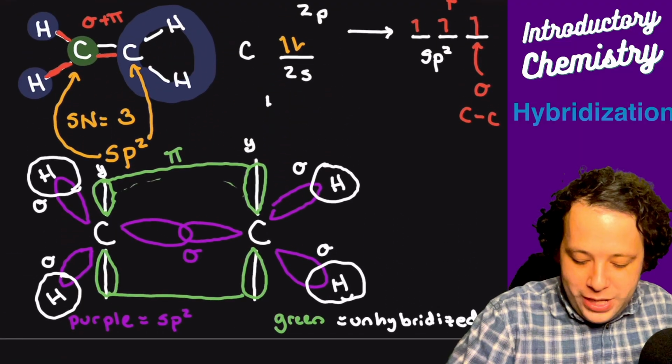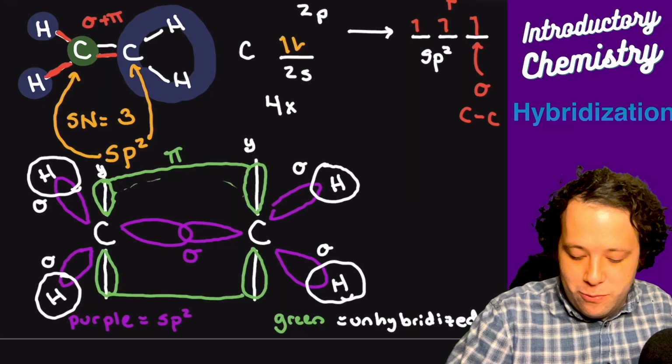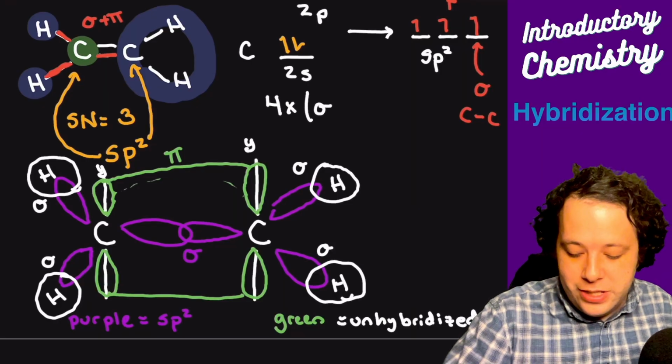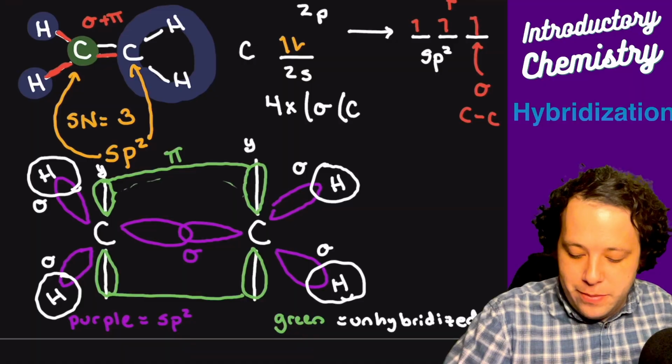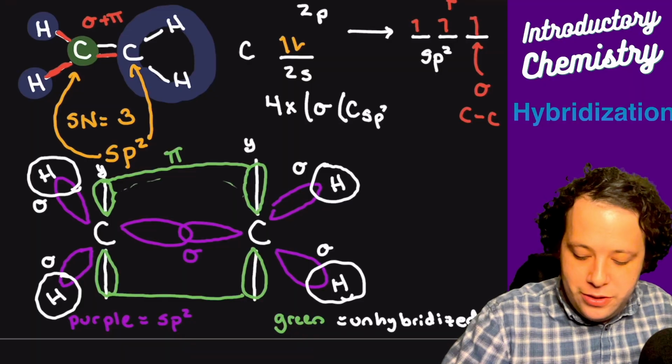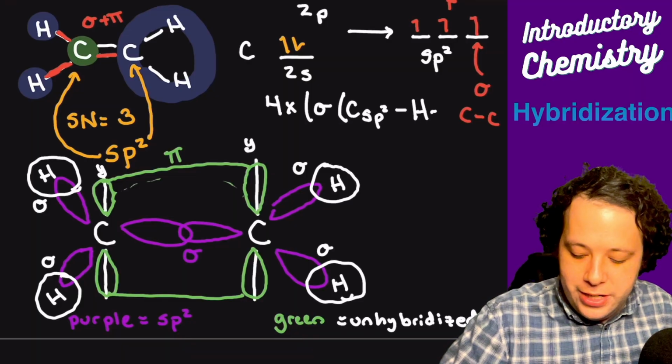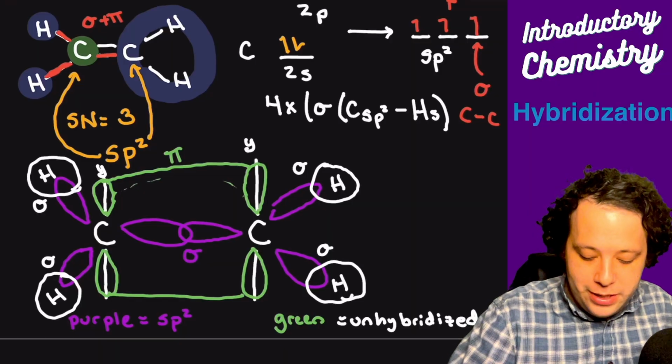So we've got four bonds that are referencing the carbons to hydrogens. Carbon is sp2, and it's bonding to the hydrogen s, right? We've done that a few times.